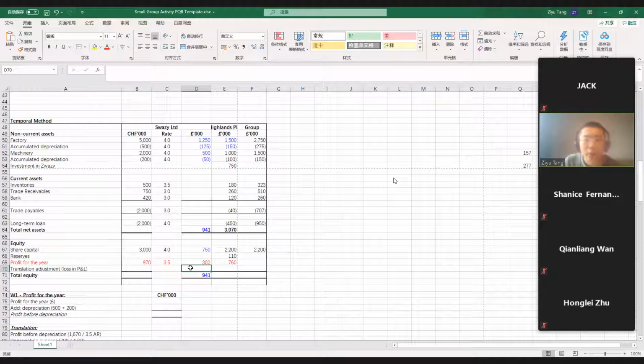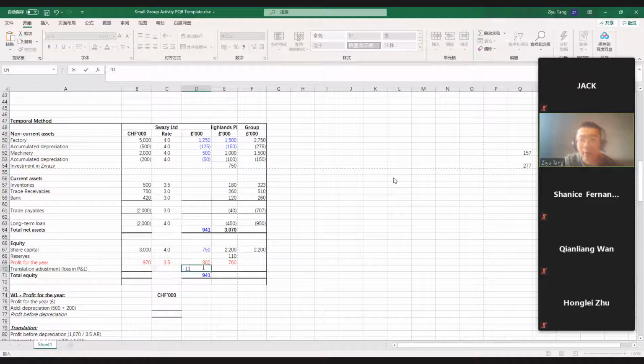So you need to make an adjustment at this account to make sure that the total equity is equal to the total net assets. Basically, it is to make the balance sheet still balanced. And how to calculate this account is to use 941 minus 750 minus 302, and you get negative 111. So the translation adjustment is equal to negative 111. Okay.